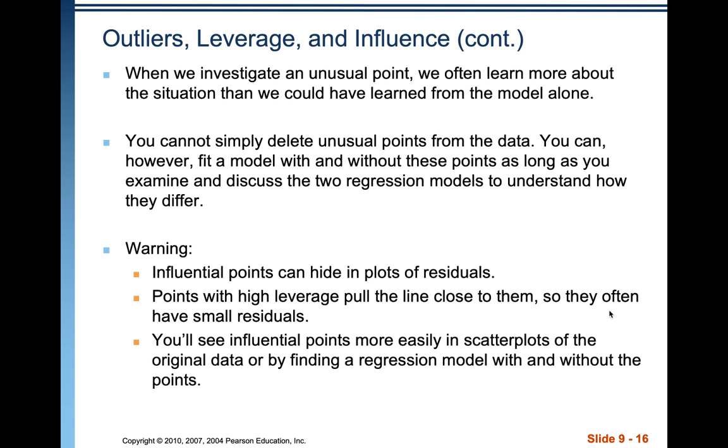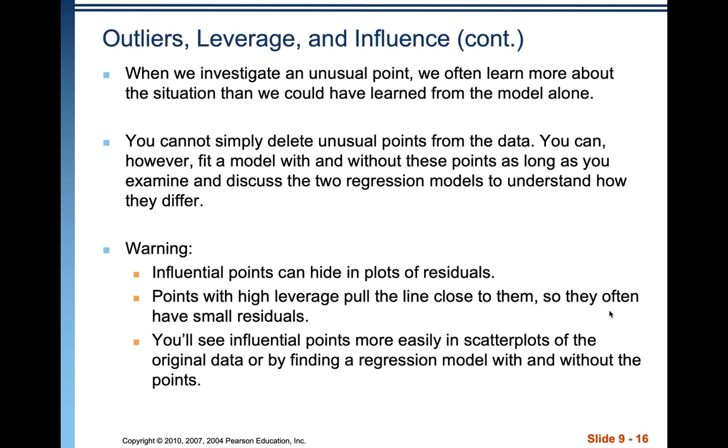Make sure that you look at the original scatter plot to look for influential points because they can often hide in plots of residuals. Remember, their extreme nature is at least in combination with being a far x value from the mean. Our residual outliers, our outliers in the direction of y, are going to show up in the residual plots.